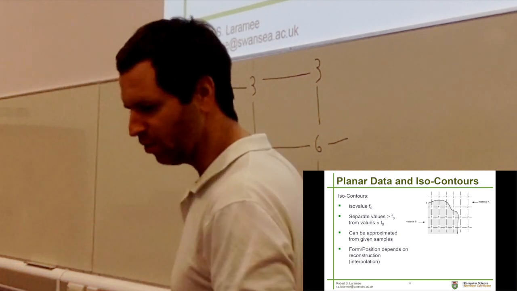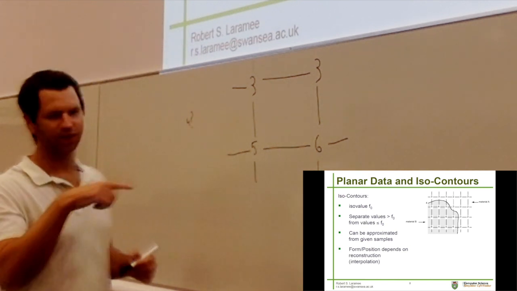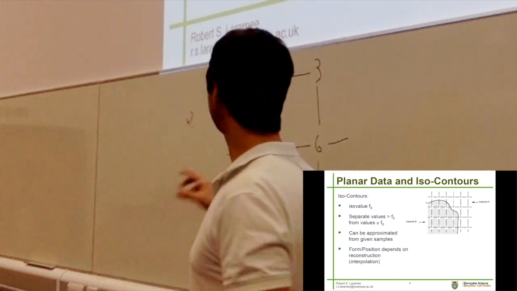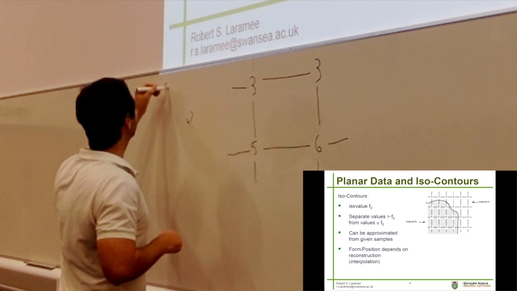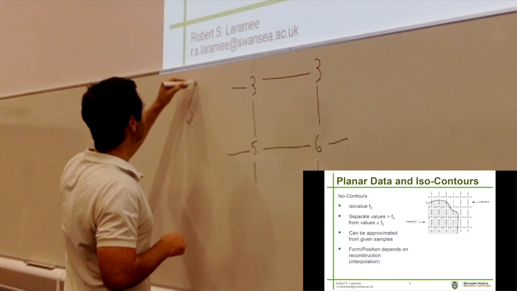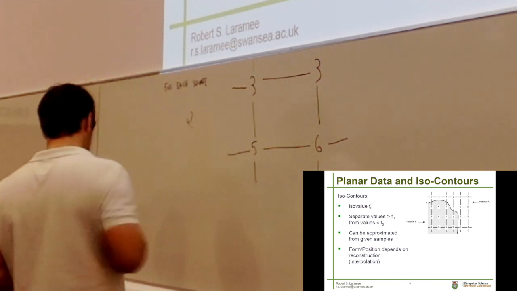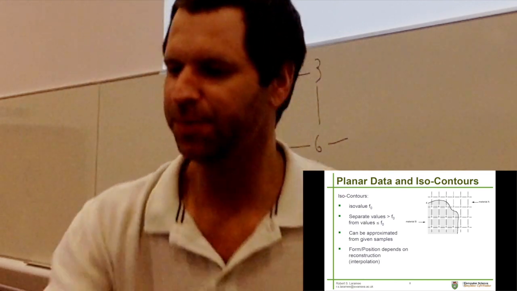And this is the way the algorithm works. The algorithm traverses each square one by one. So this is one square, for each square.